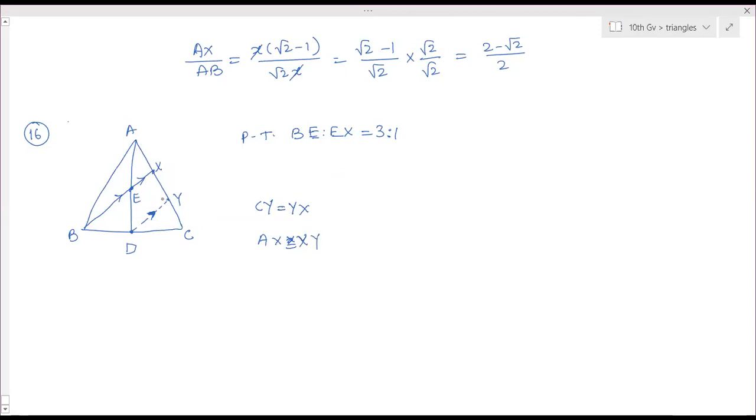AX is equal to XY and XY is equal to CY. So therefore AX is equal to XY is equal to CY. Three sides equal. That means AX is 1/3 of AC. Right? Yes, ma'am.